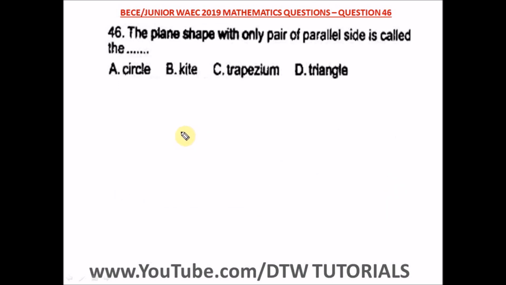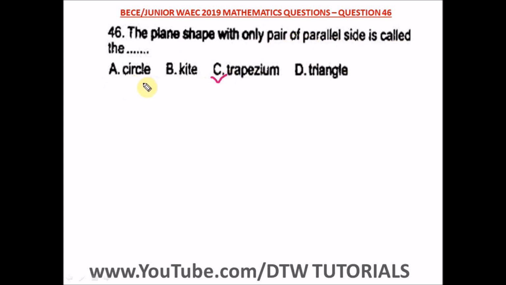So question 46 of the BECE Junior WAEC 2019 Mathematics Past Question. It says the plane shape with only a pair of parallel sides is called, definitely you can see they are trying to further buttress if you knew question 45. So a plane shape with only a pair of parallel sides is a trapezium.